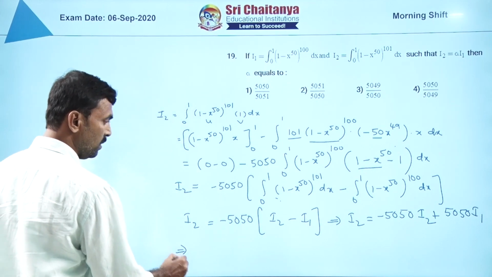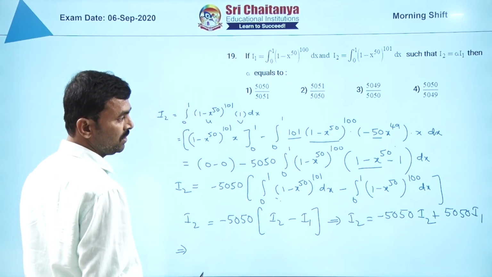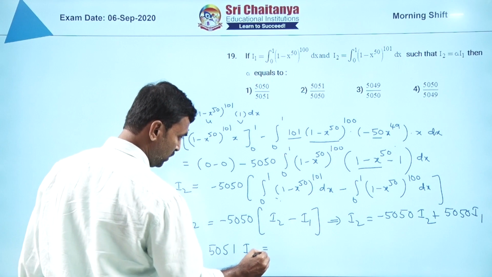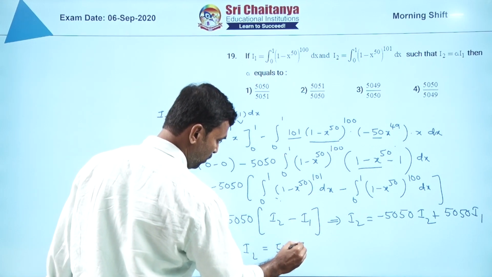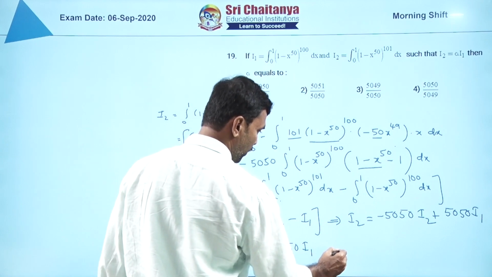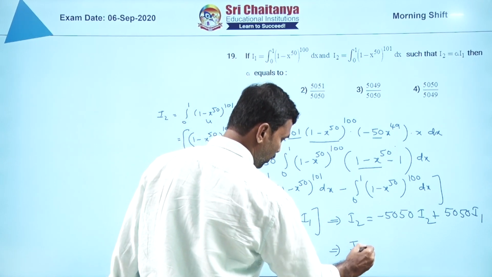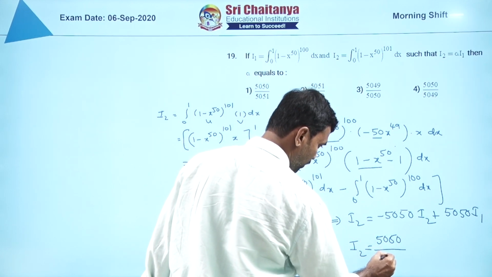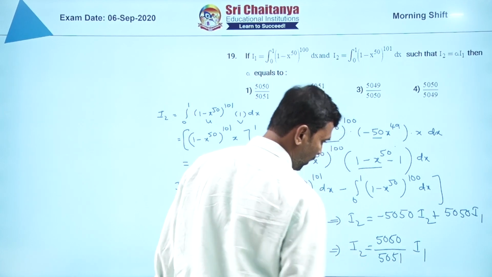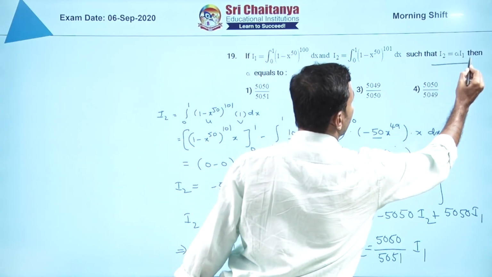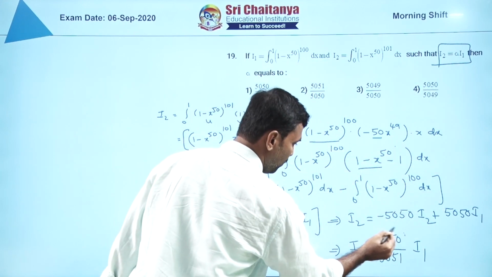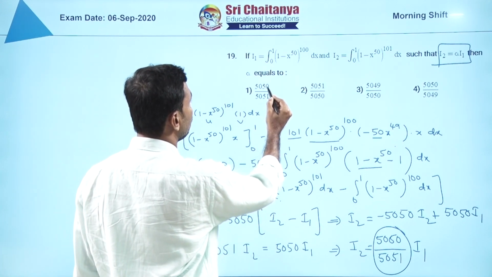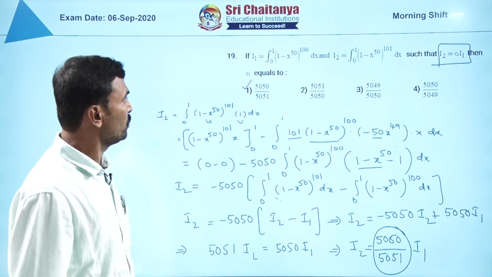So, that implies I2 plus 5050 I2, which gives 5051 I2, is equal to 5050 I1. Therefore, I2 is equal to 5050 by 5051 I1. So, if you compare with this, alpha is 5050 by 5051. The first option is the correct option.